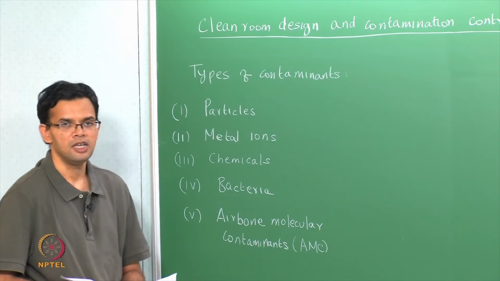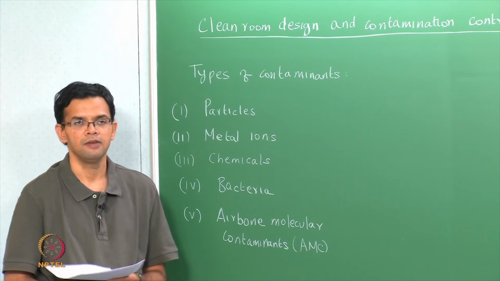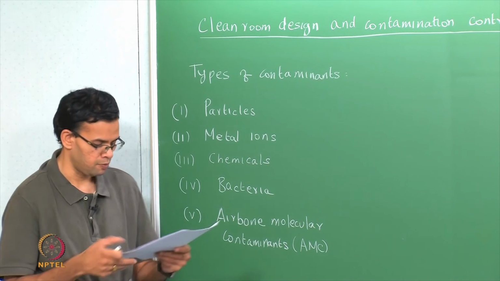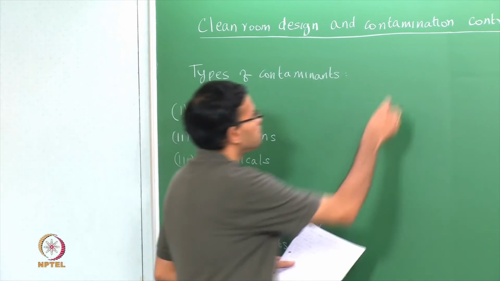These are essentially the 5 main categories under which contaminants are classified, and all of this has a potential for affecting the device performance. So let us first look at particles.